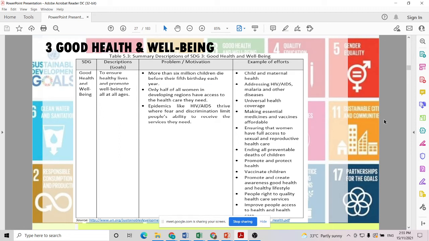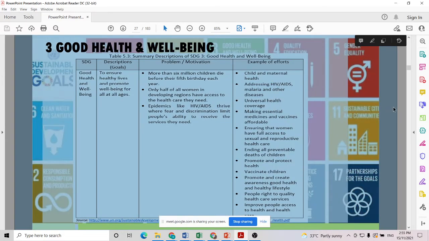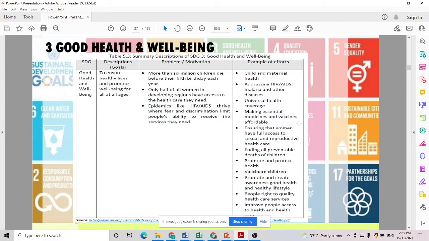So what is the effort towards good health and well-being? Examples of effort are child and maternal health, addressing the most dangerous diseases, universal health coverage, and making essential medicine and vaccines affordable.